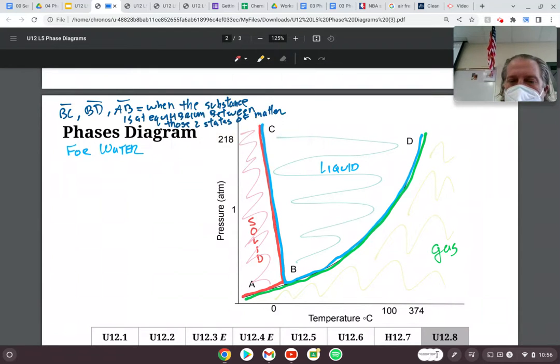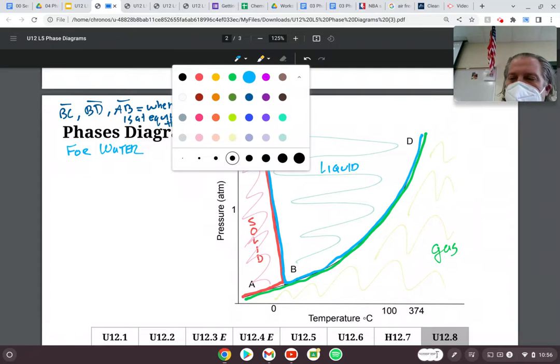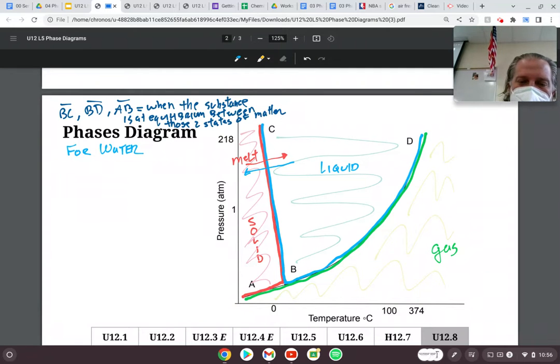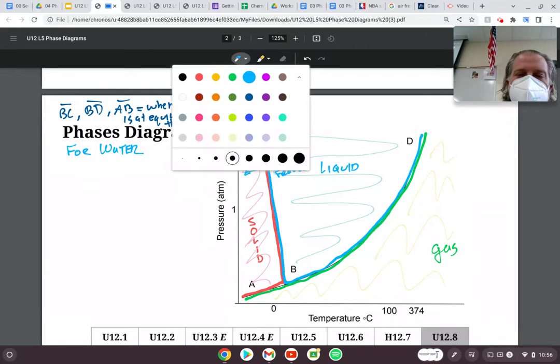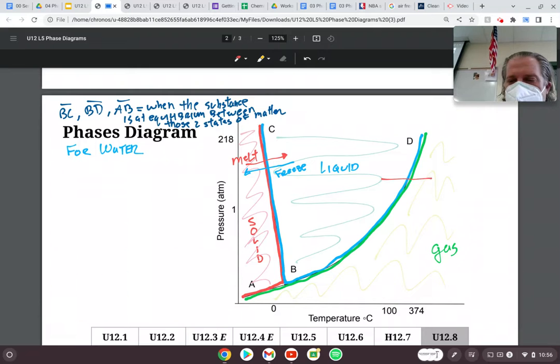So with that in mind, going across that line is a melt. And going across this line in this direction is a freeze. BD, for example, going across this line is a boil.